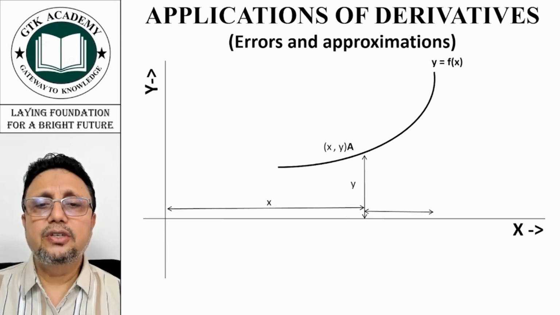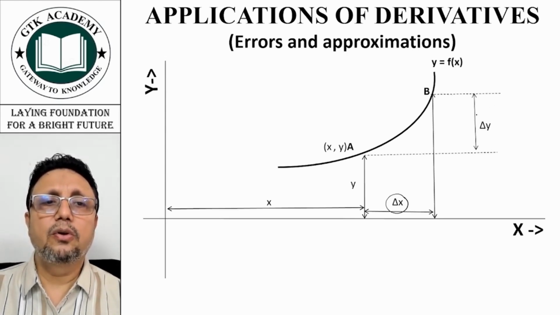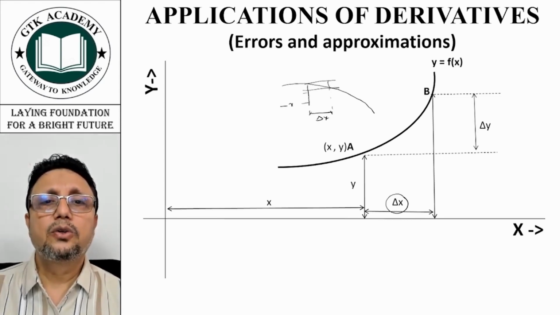We make a small change in x, which is called delta x, and we get a point on the curve, say B. Now when we have made a small change delta x, we will get a small change in y also, which is delta y. It can be positive, and it can be negative also. Suppose the curve has been like this, then if this is x and you make a change of delta x here, you will get delta y as negative here. So it can be either way.